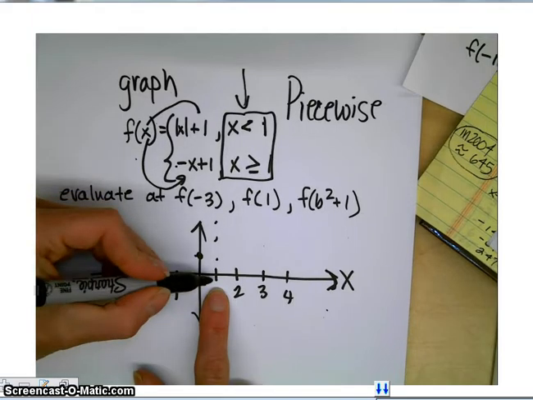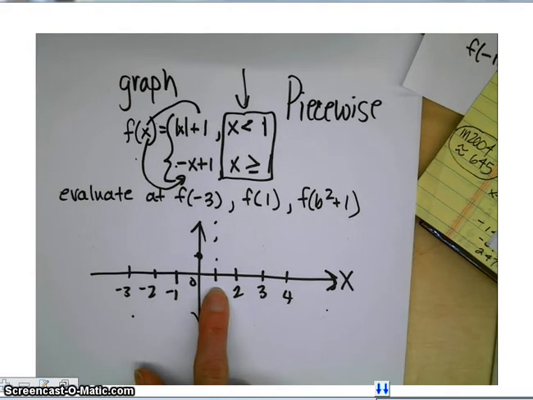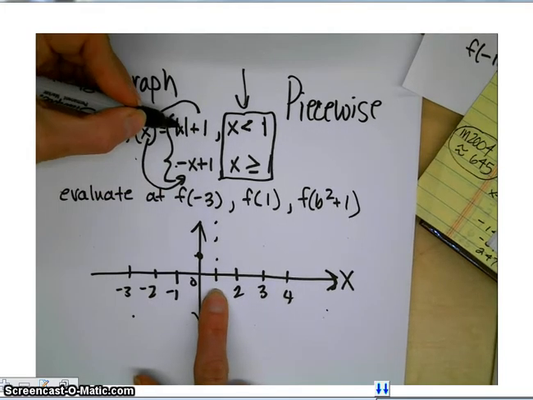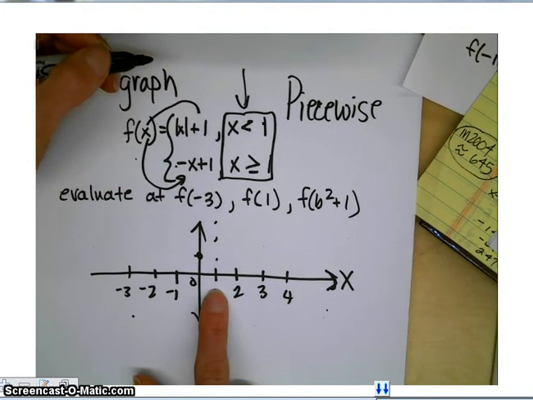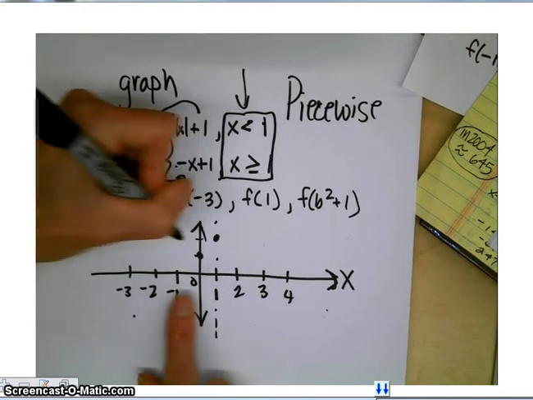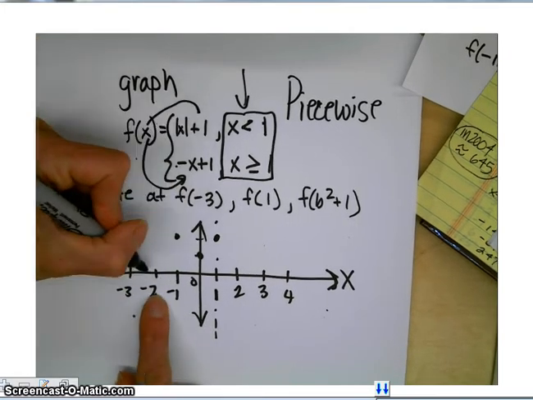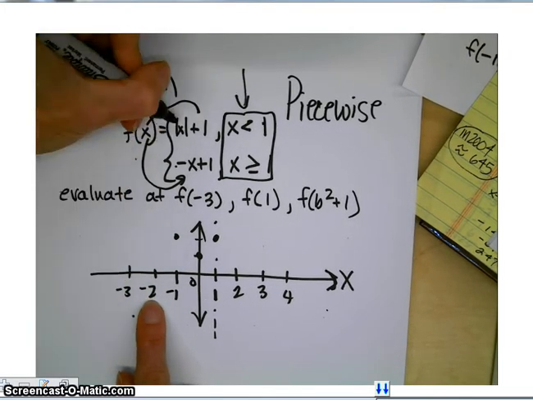Why do I want to plug 1 in, or why wouldn't I want to plug 1 in? To see where it's going here. If I put 1 in, the absolute value of 1 plus 1? 2. Now put negative 1 in. 2. And put negative 2 in.